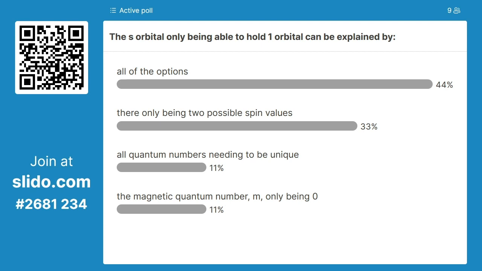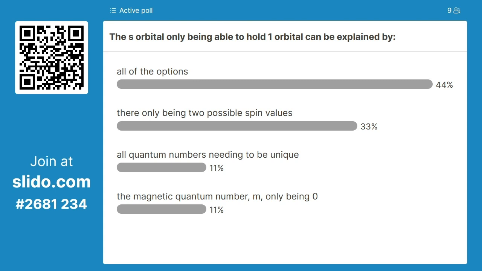We would need there to be something different. And so we can fit 2 electrons in because the 2 electrons can have 2 different possible spin values, which means that they can still be unique because we'll just give them a different spin even though everything else is the same. So the really important ones here are all quantum numbers needing to be unique, which then plays in with the fact that we get 2 electrons because there's 2 possible spin values.